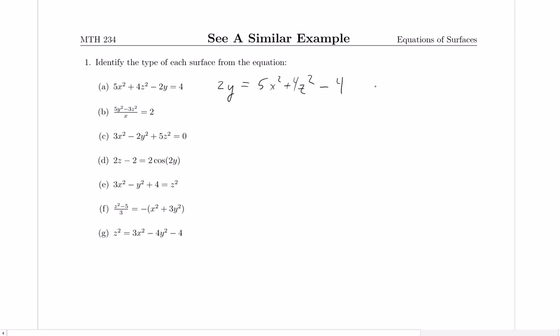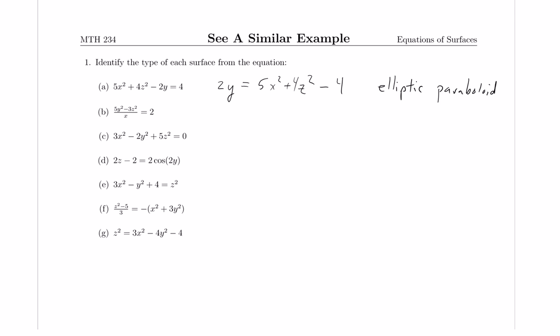So in this case, this is an elliptic paraboloid. Again, the reason is that one variable is on its own side of the equation and not squared, and the other two variables are on the other side of the equation and they're both squared and both positive.